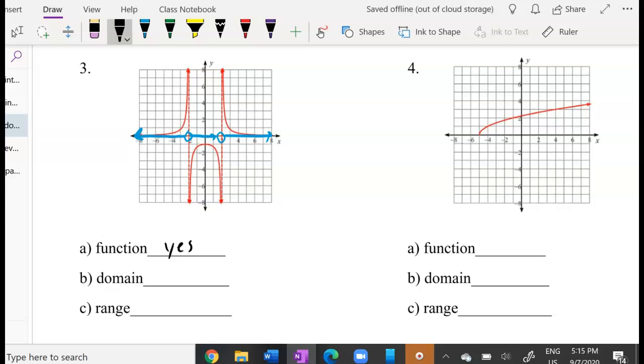It goes from -infinity to -2, not including -2, unioned with the stuff between -2 and 2, and then unioned with everything greater than 2, so unioned with 2 to infinity.